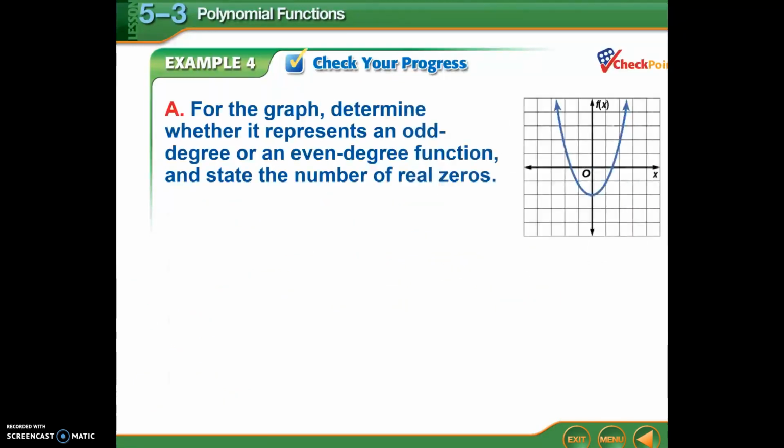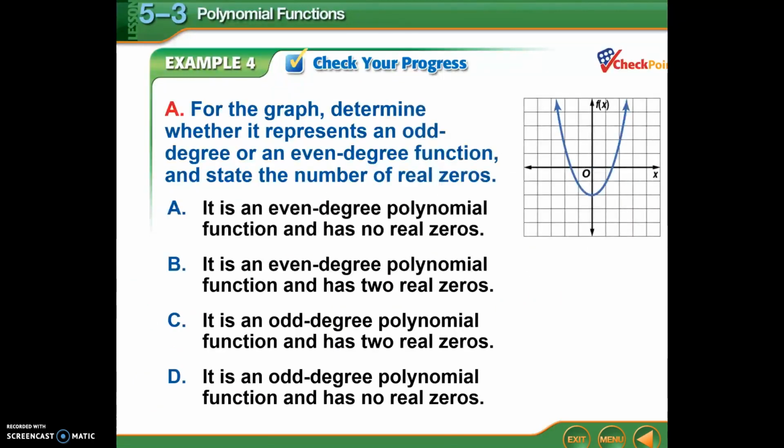One more, and then we'll let you work on your lesson. Here, we'll go through all of them again. My end behavior: what is it doing on the left end of the graph? As I'm going this direction, my graph is going up.